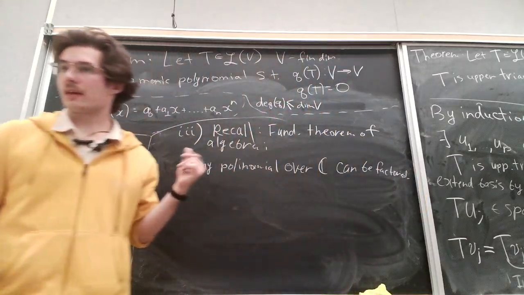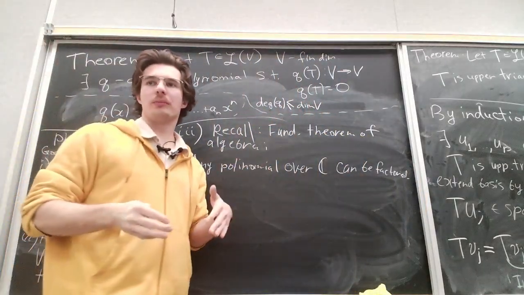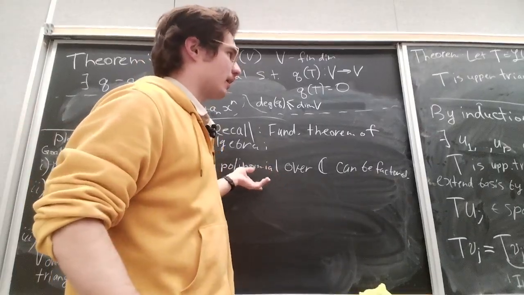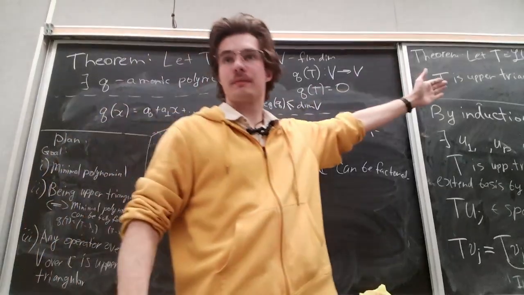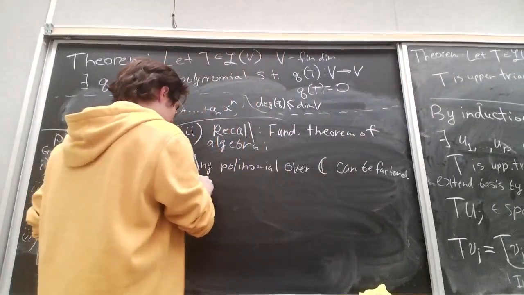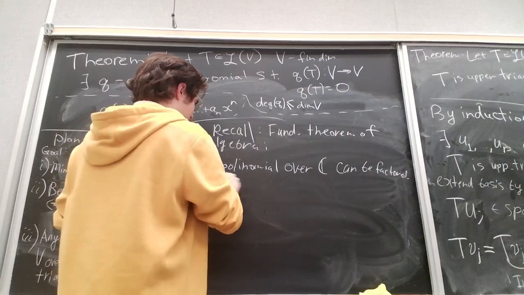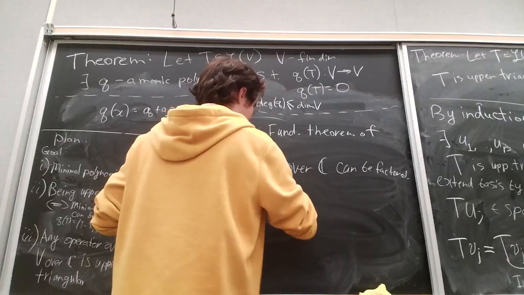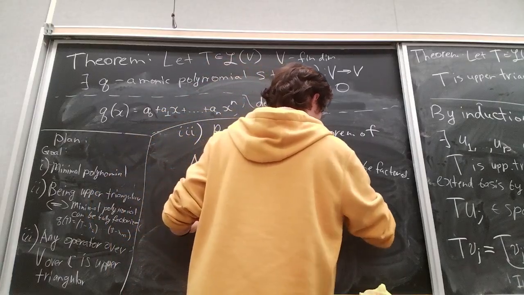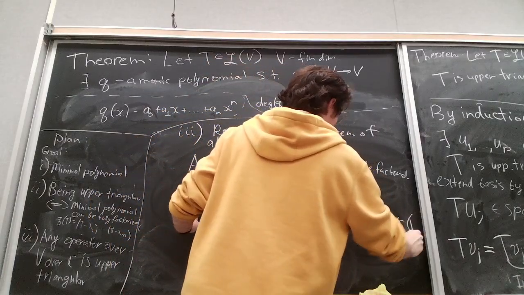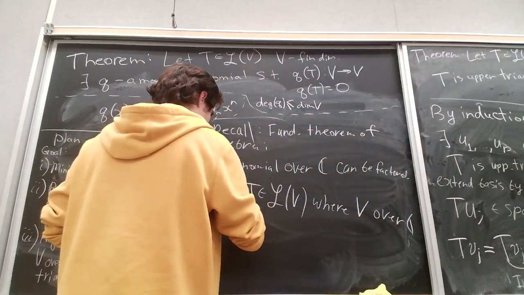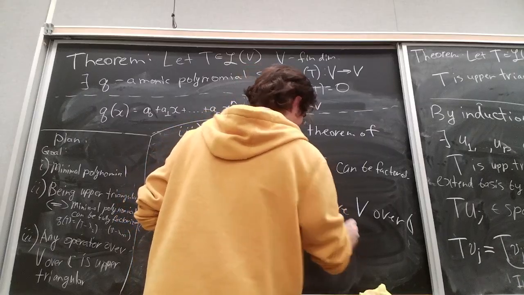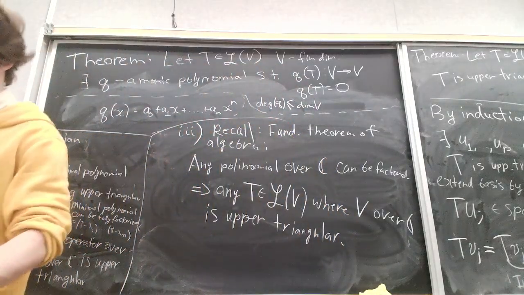Do you agree? But this means that any minimal polynomial, it's just a polynomial, I can factor it. So this means that any T in L(V) where V is over C is upper triangular.